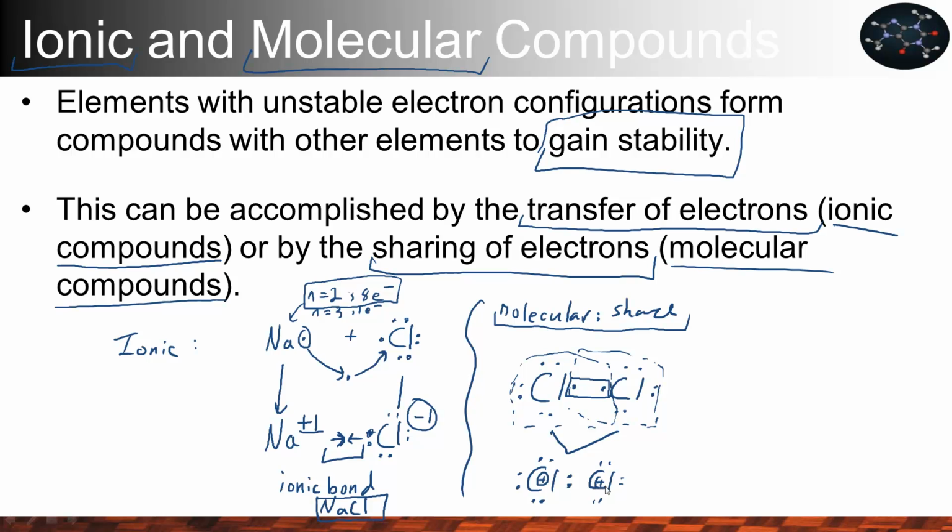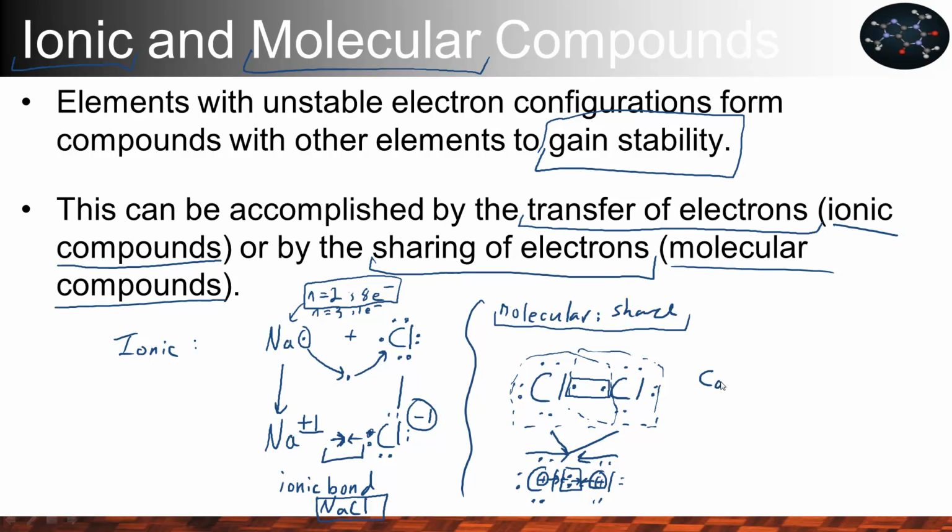So the positive set of protons is attracted to the electrons, and the electrons are attracted to the positive protons on both sides. That mutual attraction to these electrons pulls these atoms in together and keeps them bonded together, keeps them attached.